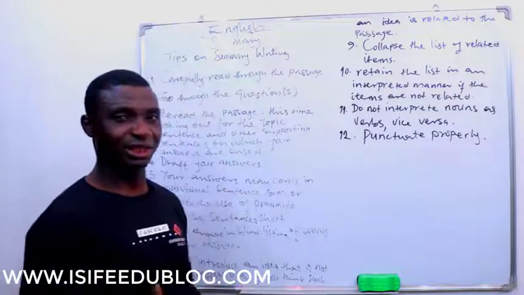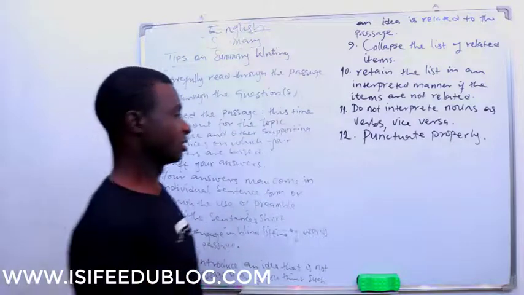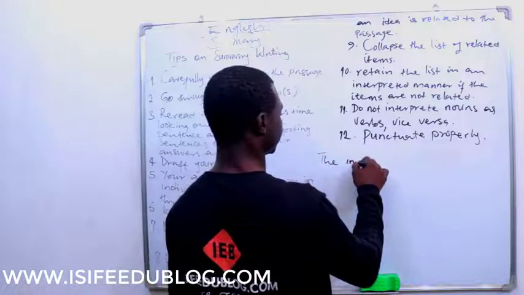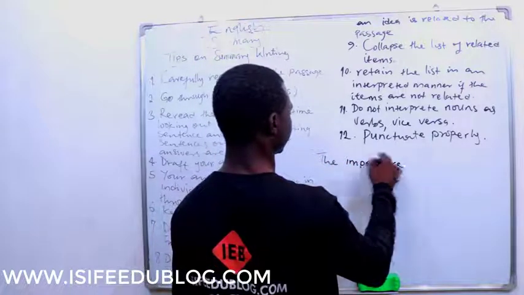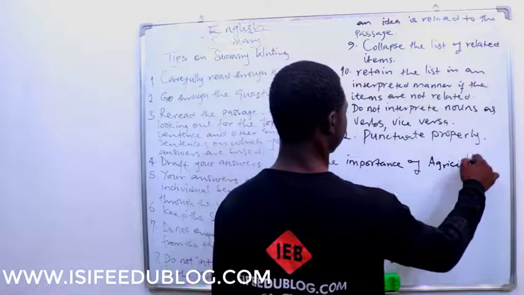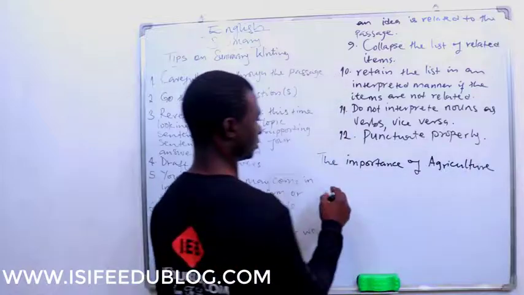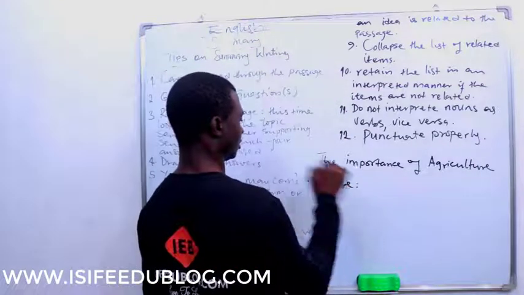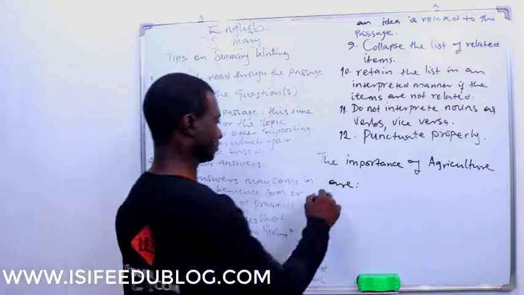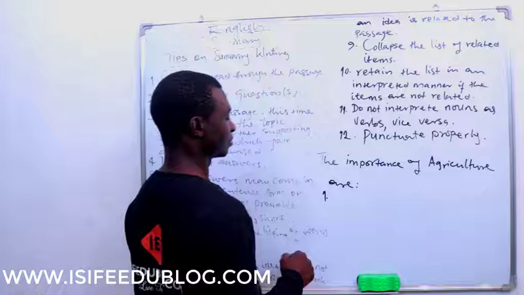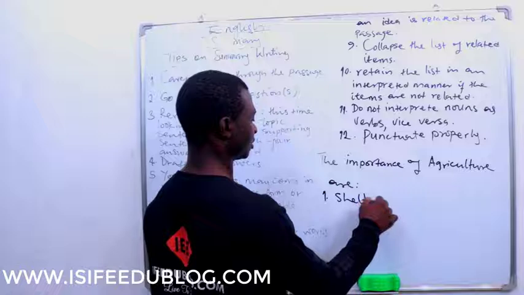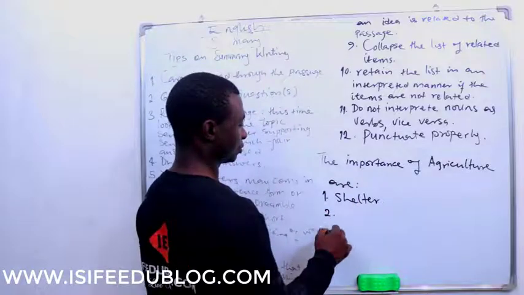Because it is a straight kind of question, you might just say, the importance of agriculture. This is the use of preamble. 1. You list shelter. 2.